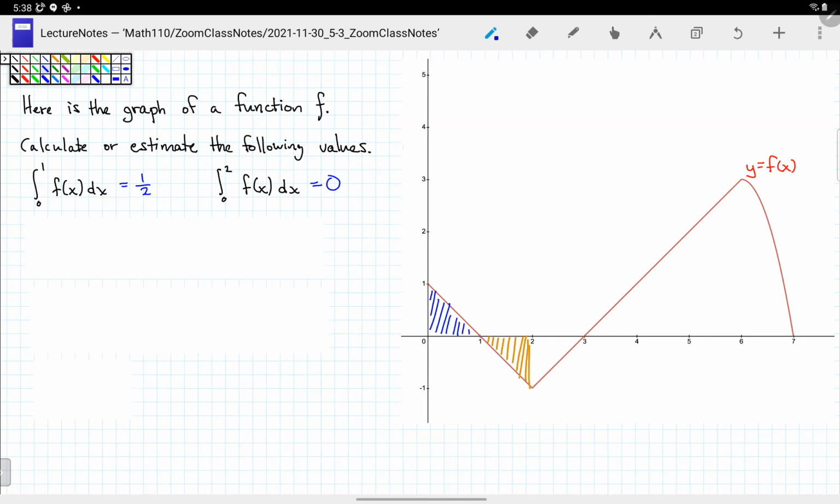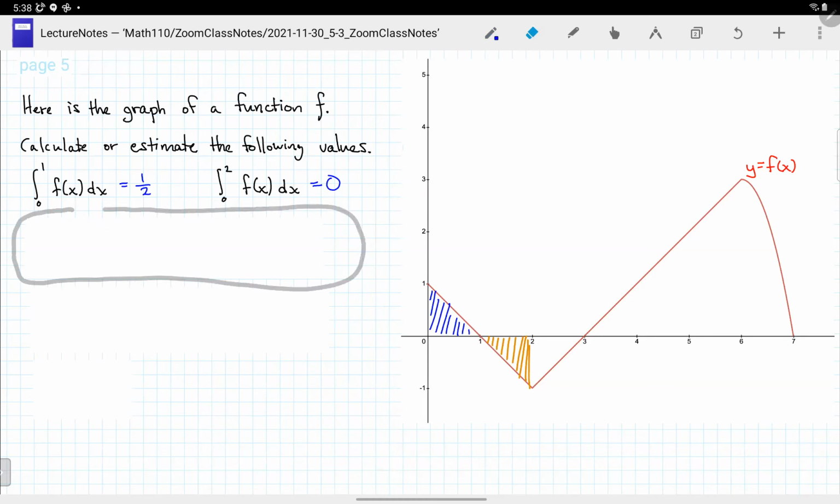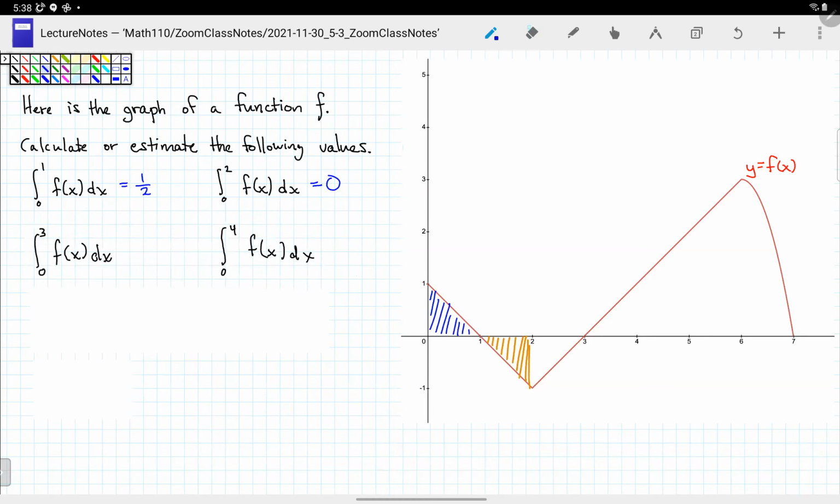So I want you to take a moment to look at the integral of this function from 0 up to each integer value. We want to integrate from 0 to 3, from 0 to 4, 0 to 5, 0 to 6, 0 to 7, and so on.